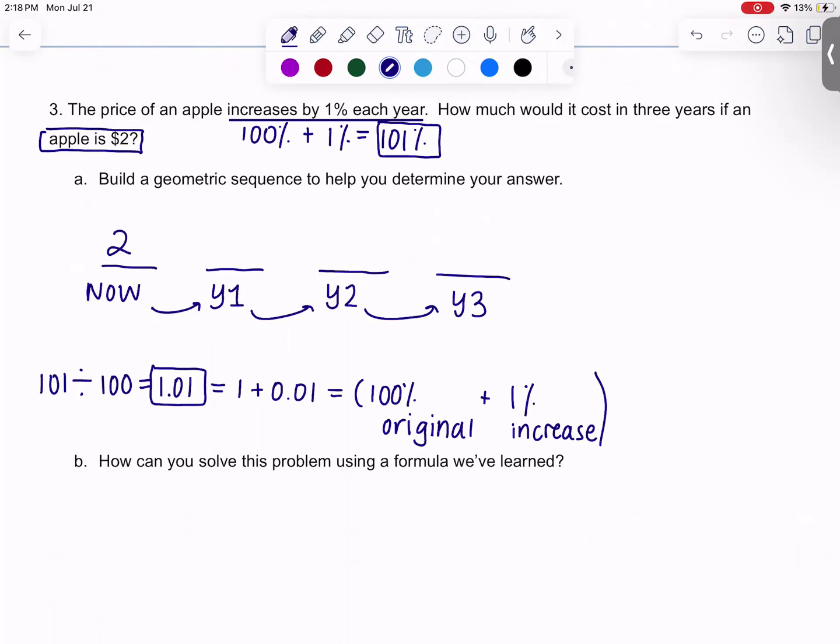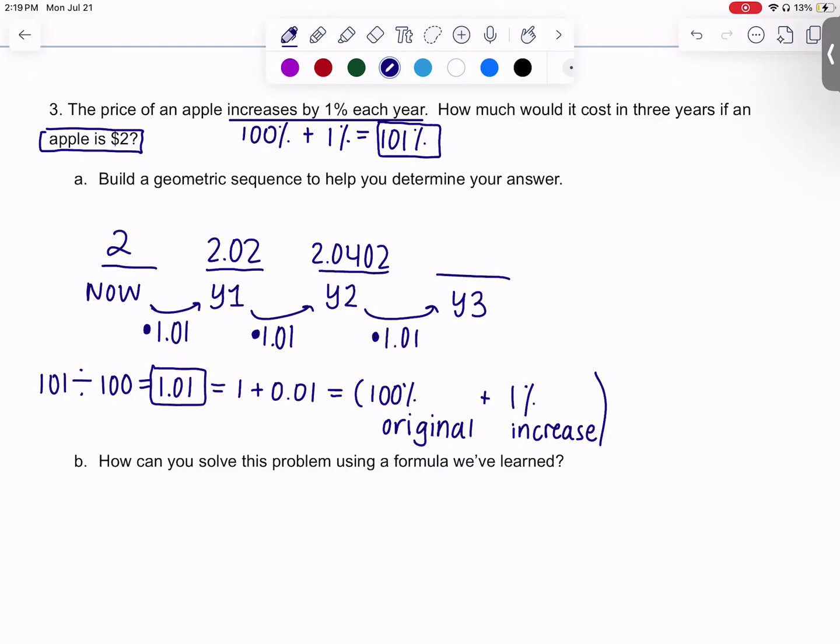So in our arrow from now to year one, we take $2 and we multiply, put the dot, multiply by 1.01. And that's 2.02. So next year it'll cost $2.02. Then we multiply by 1.01 again, and it's going to cost 2.02 times 1.01, 2.0402, or $2.04 when we round it.